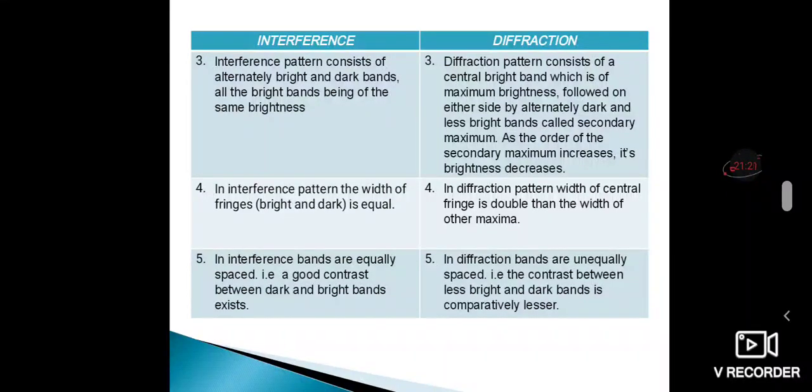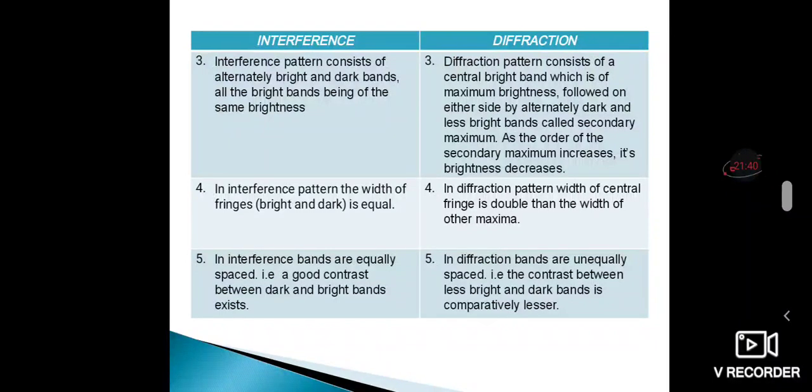Next, in the interference pattern the width of the fringes, bright and dark, is equal. Already we have calculated beta equal to lambda D by d. That is the width of the bright fringe as well as the dark fringe, which is equal in interference.